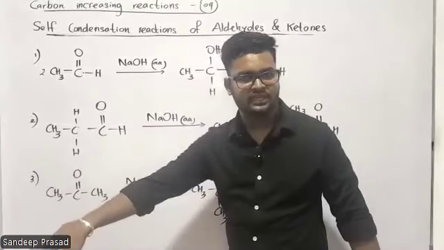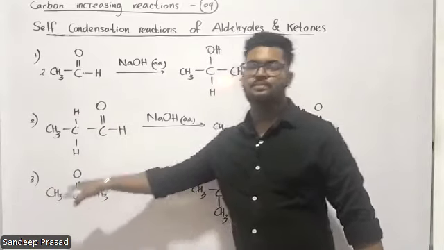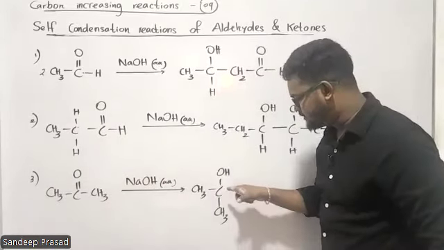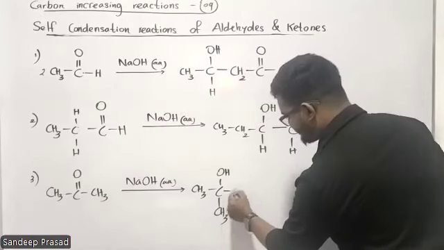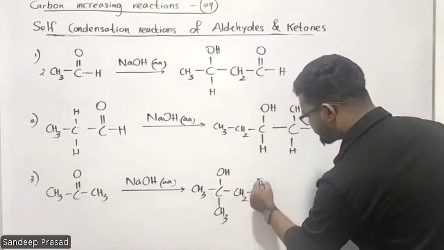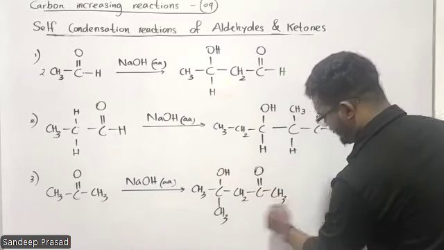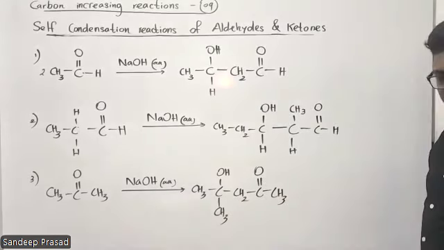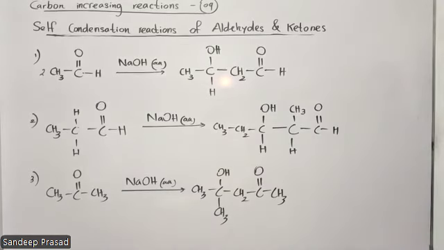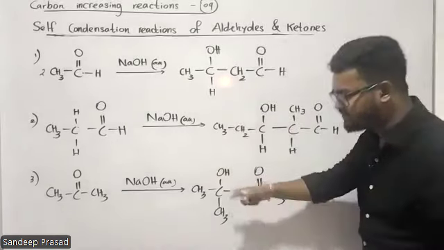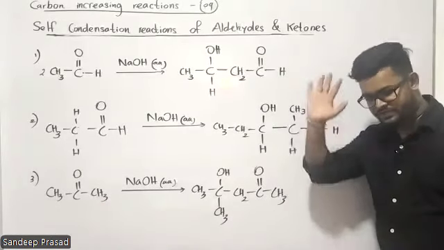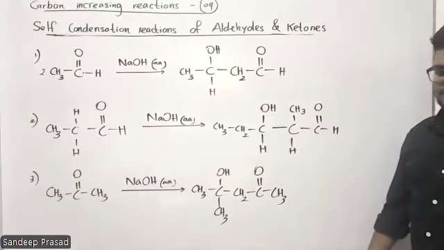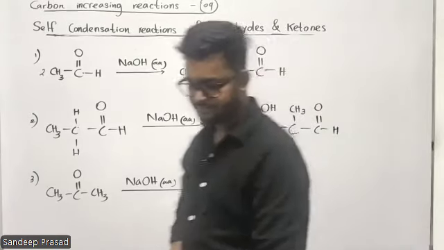Remove one hydrogen there. Then the remaining things should be connected from that carbon atom to this carbon. After removal of hydrogen, CH2, CH2 C double bond CH3. Can you understand? So this is the direct method that we can use to obtain the answers. Raise your hand, those who understood those three examples again.